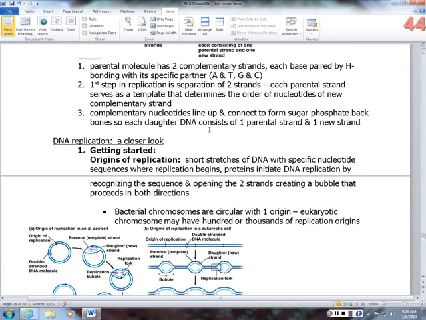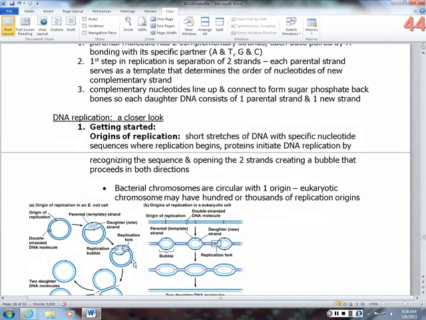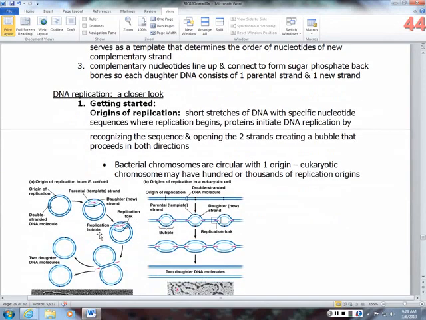So what you get is on either end of the bubble you have a replication fork in there. So it can spread in 2 directions out from those 2 origins of replication and fill it in to make 2 new rings that will come from that.